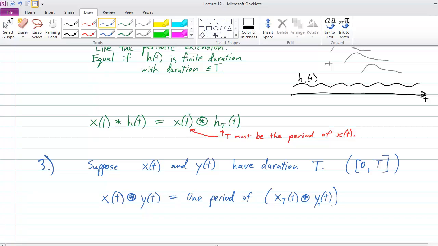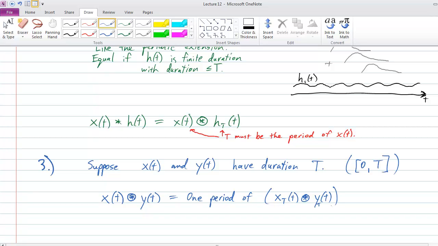So what I've done here is given a new definition, because this is taking finite duration signals in and returning something of finite duration, of the same duration. So I'm sort of abusing notation. Before I used the circular convolution to mean you have two periodic signals and you get back a periodic signal. And now I'm saying, actually let's think of these as finite duration signals, and you get back a finite duration signal. And their circular convolution then is the same as the circular convolution of their periodic extension.